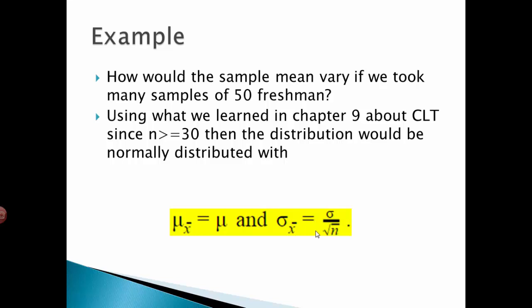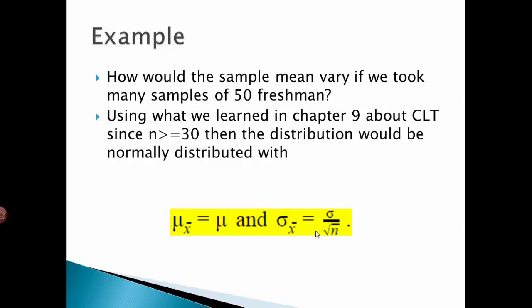Since our sample size is greater than 30, we're in good shape with that, so we can say that the mu of the x bars, in other words, the mean of the x bars of our sampling distribution, is going to be the same as the mean of the population. And therefore, the standard deviation of the sampling distribution would be equal to the standard deviation of the population divided by the square root of n.